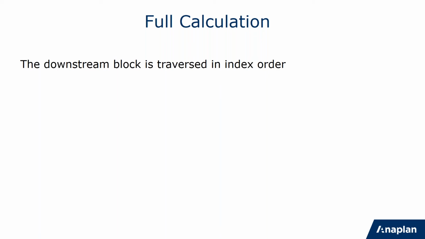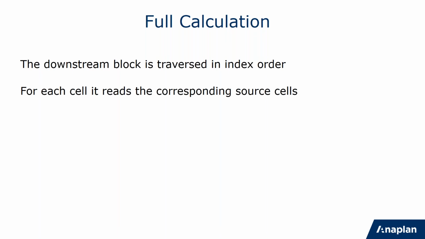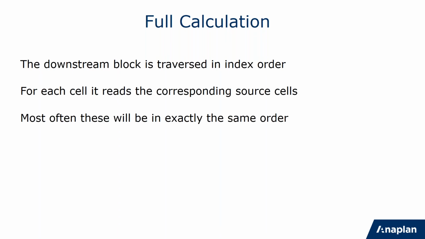So if we were calculating revenue, we'd go to the corresponding cells in sales volume and the corresponding cell in price. We read them and then we do that calculation. And in the majority of cases, they will be in exactly the same order as the block that we're calculating. So index 5 will be reading from index 5 and so on.